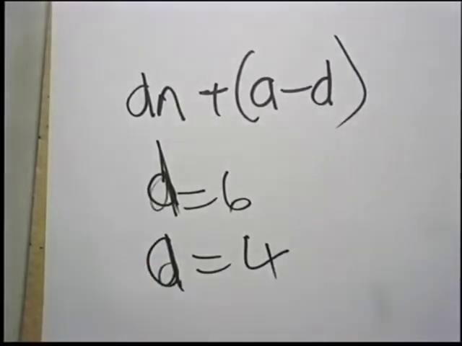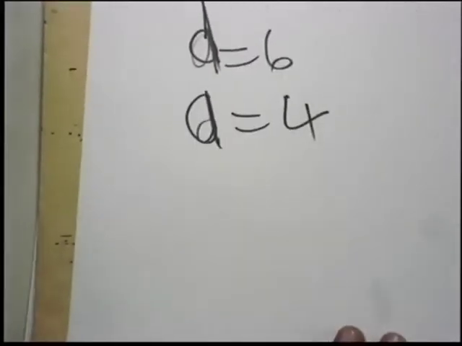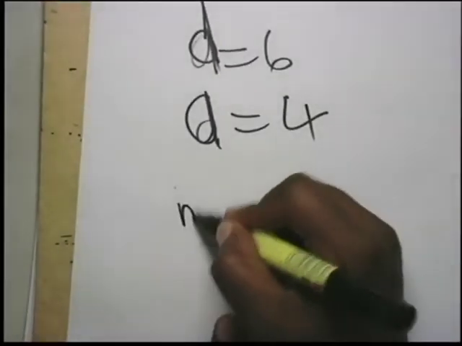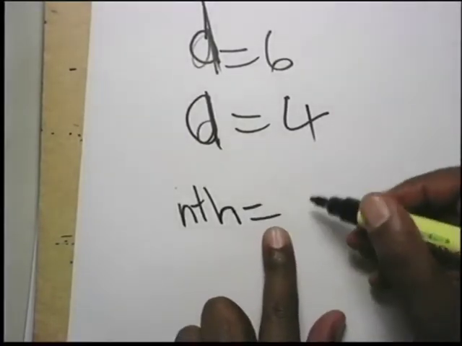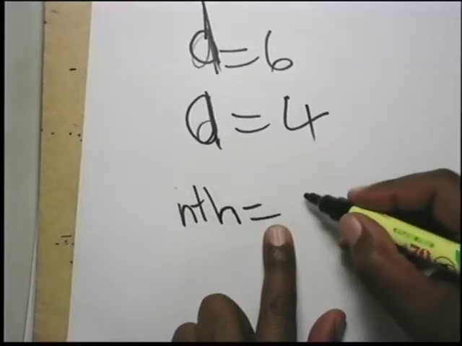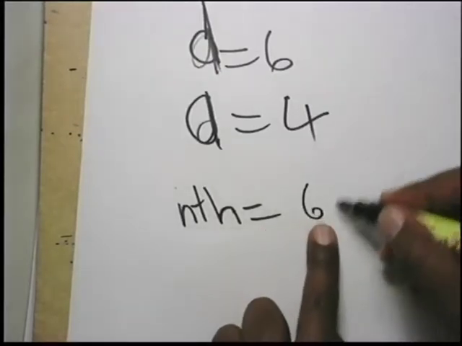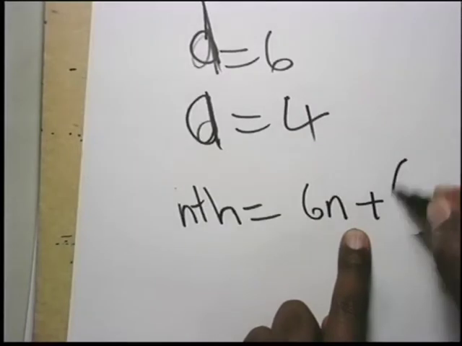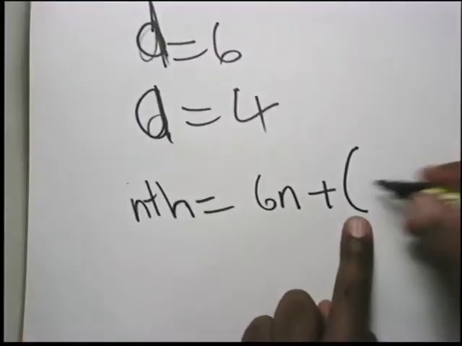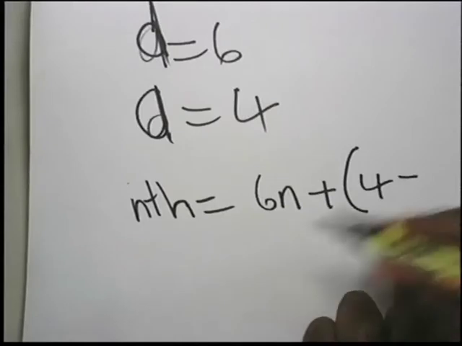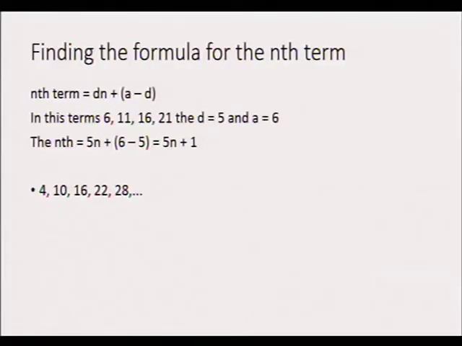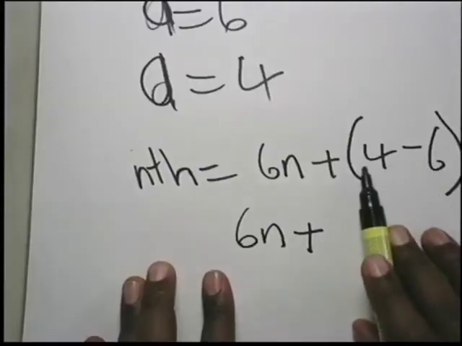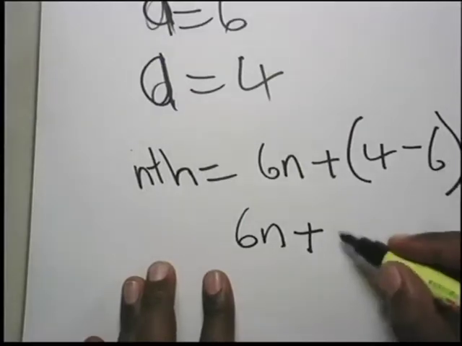So in our formula, the nth term, our d is 6, n plus, what is our a? We say our a is 4, minus 6, we close the brackets. So from there, we have 6n plus, then you solve this one in the brackets, 4 minus 6, and that is negative 2.